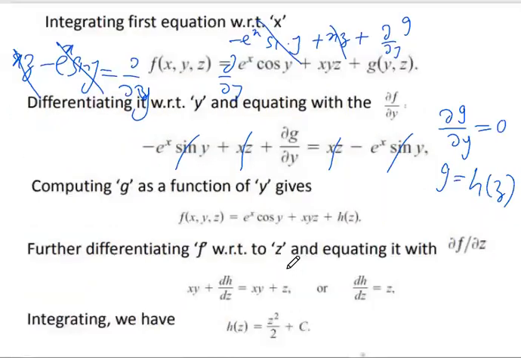So g is a function of z only, not y. So f is equal to e to the x cos, here this one and this term and this one.